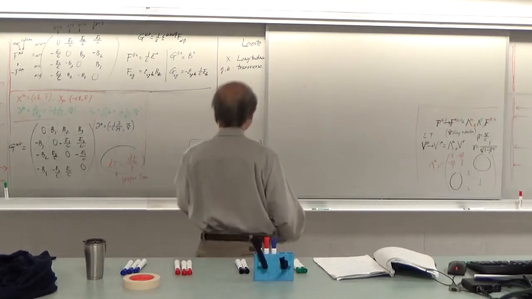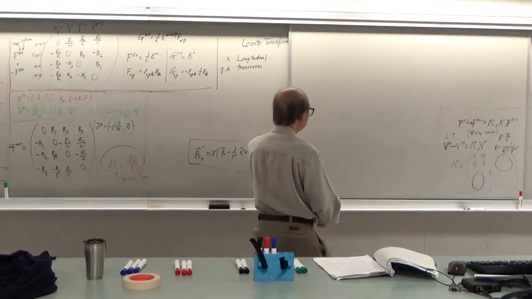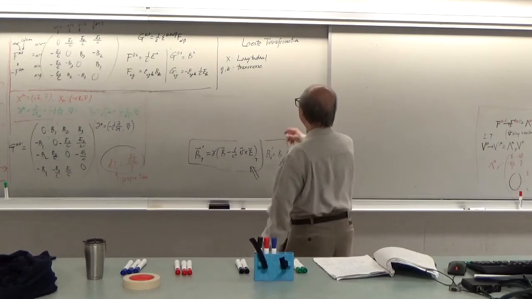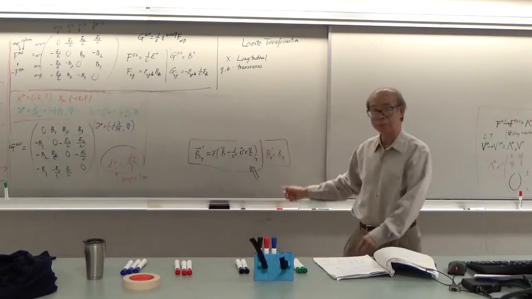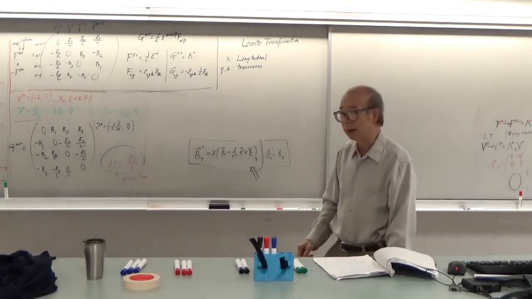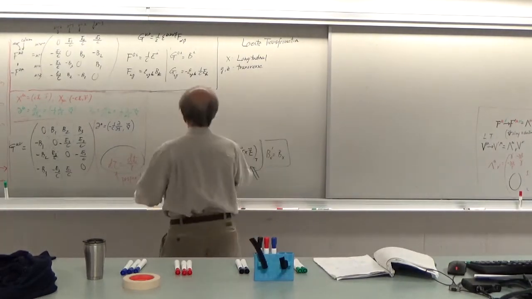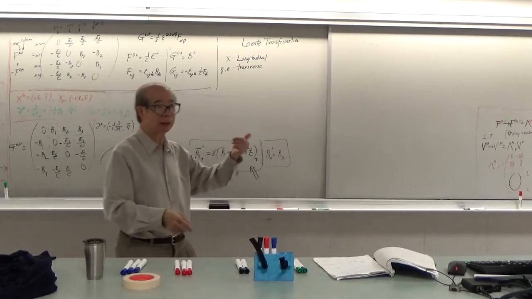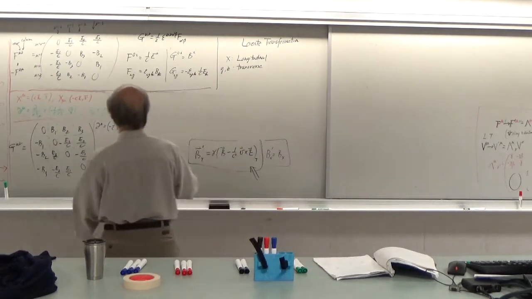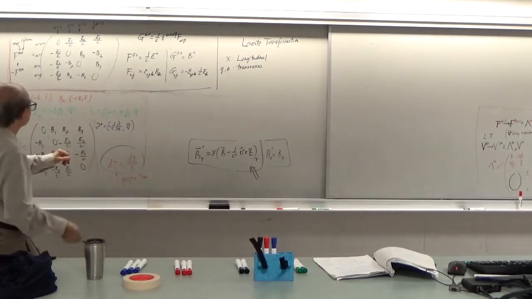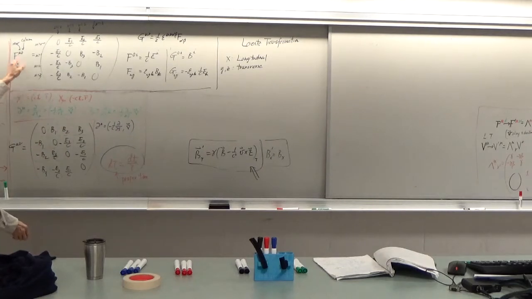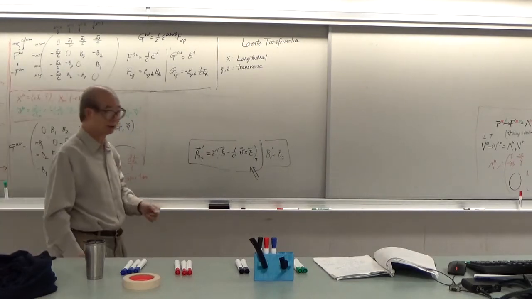All right, last time, you remember, we derived the Lorentz transformations for the magnetic field B. And the way we did it was to remember that both the electric field E and magnetic field B are contained in this second rank tensor F mu nu, which carries two indices.